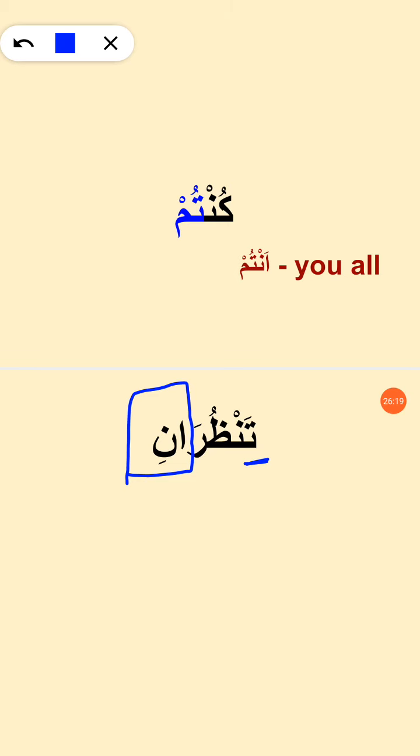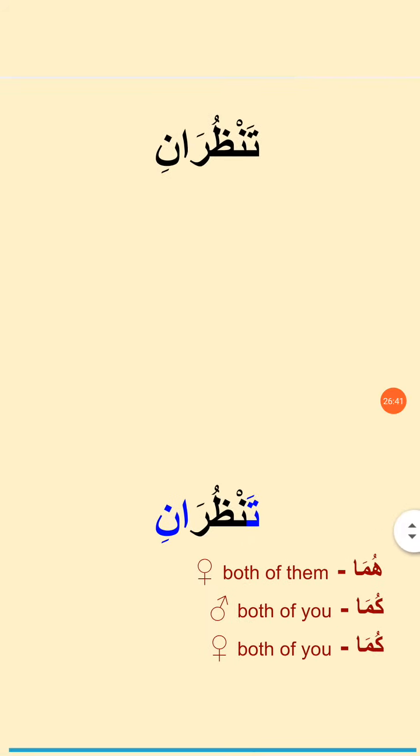You had yanzurani, or simply its huma masculine version would have been yanzurani. And here it is tanzurani, so it's either going to be for huma feminine, or antuma masculine, or antuma feminine.